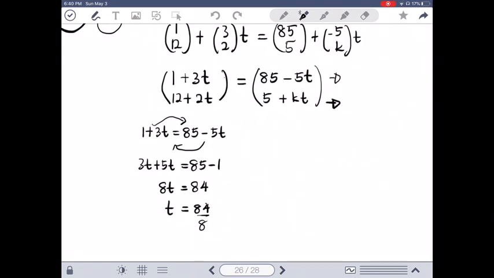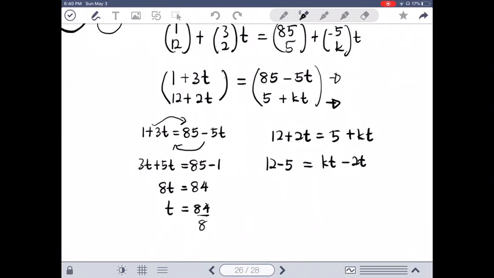Okay. Now, look at the second component. 12 plus 2t equals 5 plus kt. So, 12 minus 5 equals kt minus 2t.